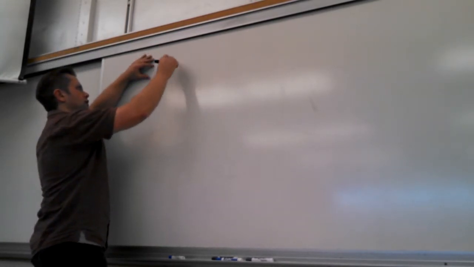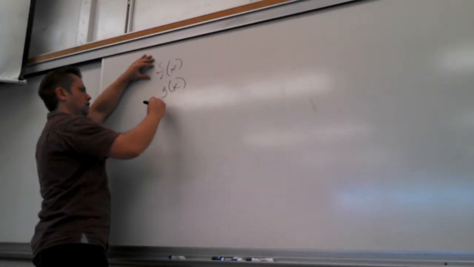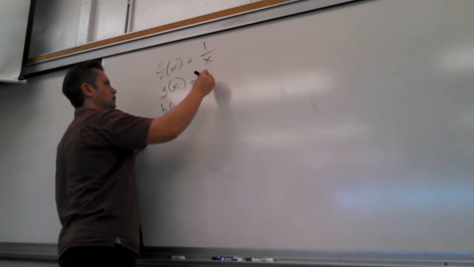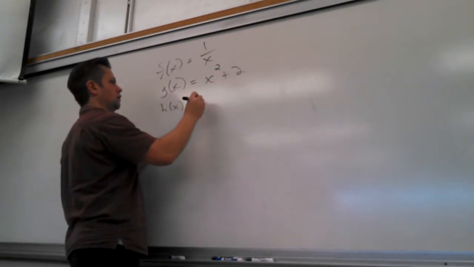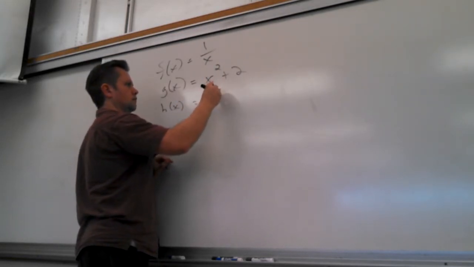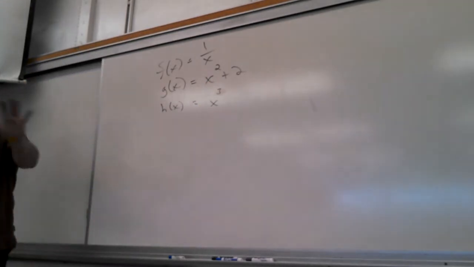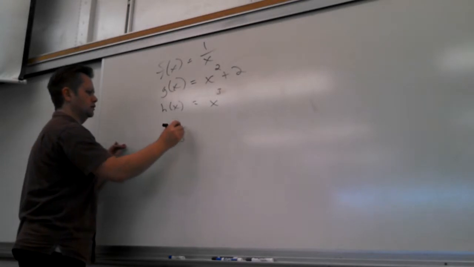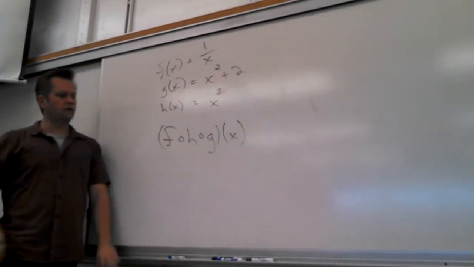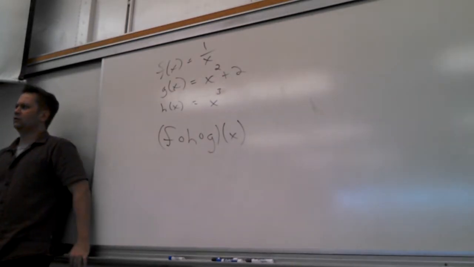All right. So let me first do one the other way. F, G, and H. There they are, right? This notation, I kind of hate this notation, but do you know what it means?